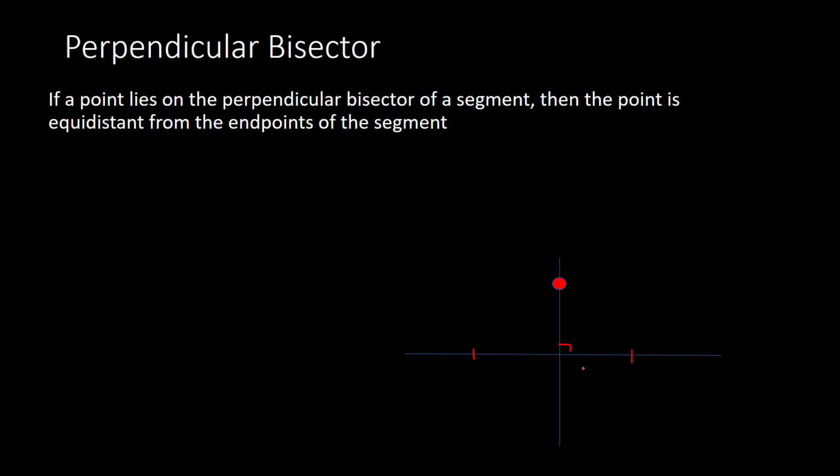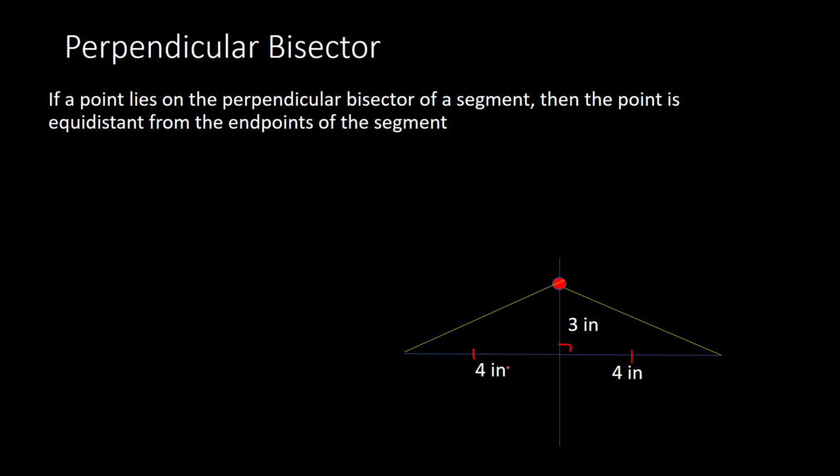So let's just say, for illustration purposes, that each segment were both 4 inches. And then let's draw the line from the point to the endpoints of that segment. So we're trying to prove that this yellow line is congruent with the other yellow line. Well, for sake of illustration, let's say that the distance from the point down to the segment is 3 inches.